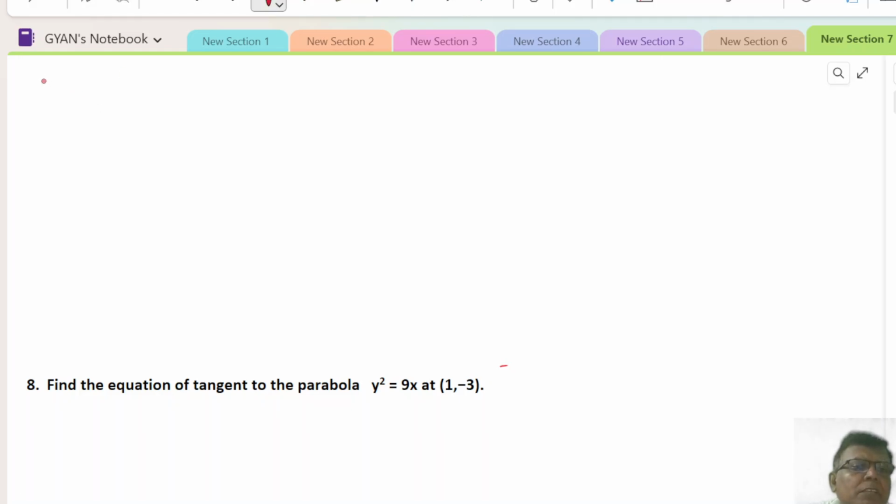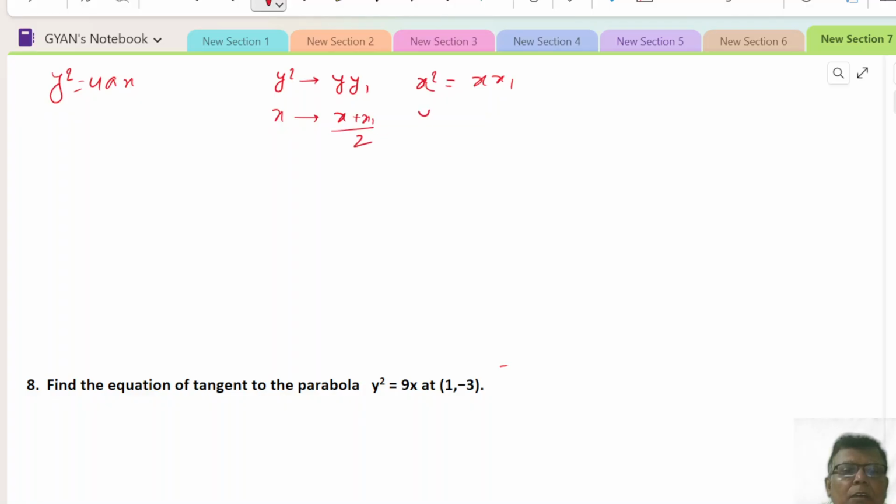Now we'll discuss some formulas about the tangent of a parabola. Suppose the parabola is y square is equal to 4ax. Then you replace y square by y y1. X square is not there in this equation, but if it is there, then you replace it by x x1. And x by x plus x1 divided by 2, and y by y plus y1 divided by 2.